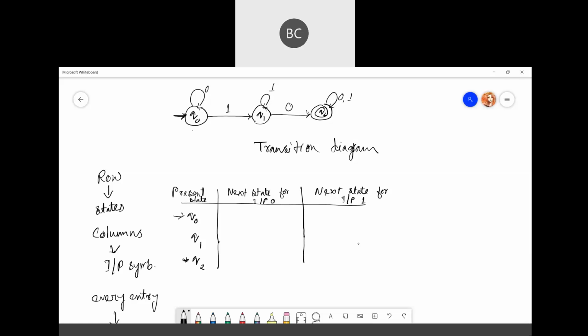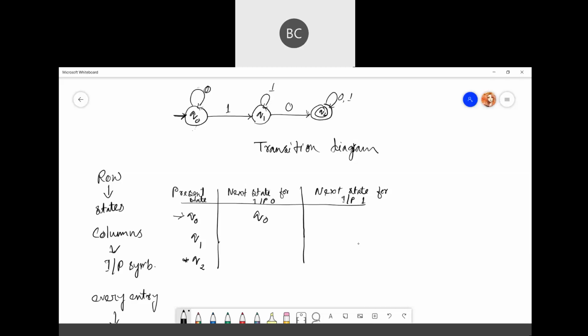Next, you have to show what is the next state when Q0 accepts the input 0. So from Q0, after reading 0, it is going to Q0 itself.